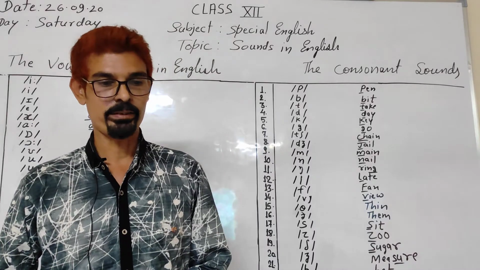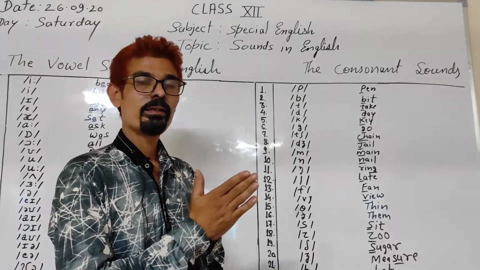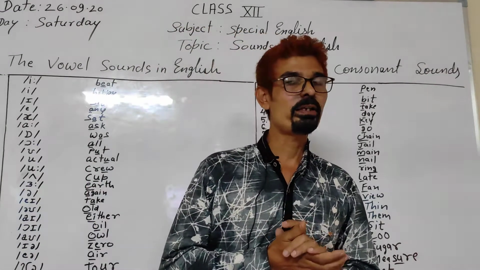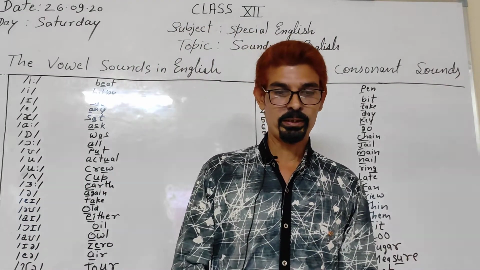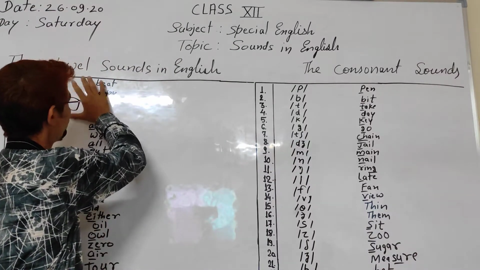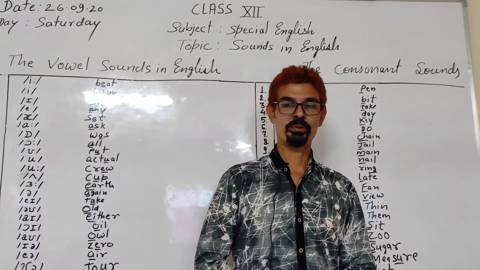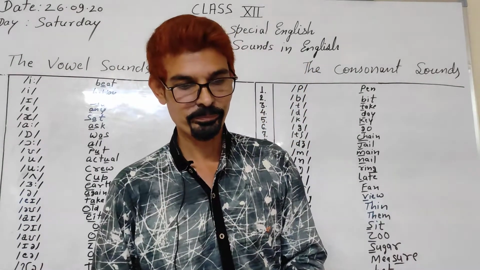So we can say that one alphabet letter A, B, C, D has more than one sound, and these sounds are classified into vowel sounds and consonant sounds. Okay, let's start.